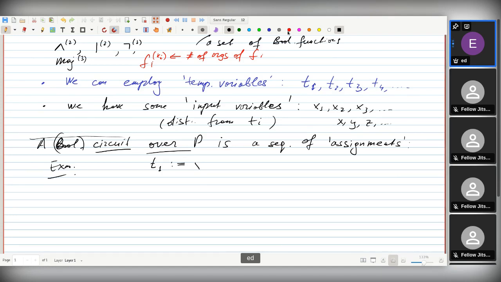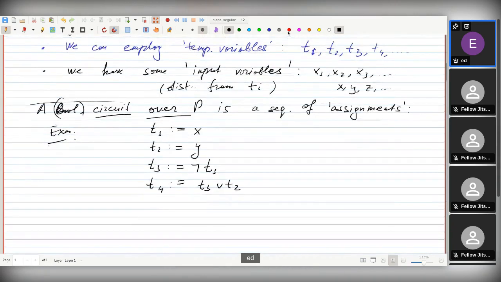T1 is assigned to be X, T2 is assigned to be Y, T3 is assigned to be, I would like to negate X, but for formal reasons, I prefer to apply negation to T1. And then T4, I'll assign the disjunction of T3 and T2.